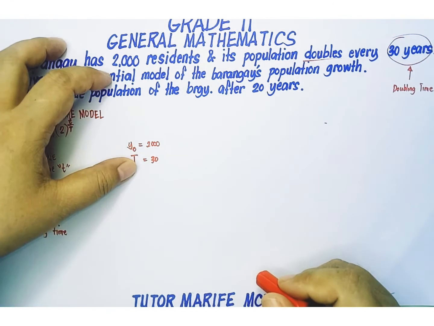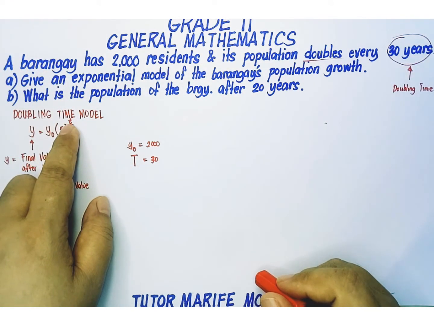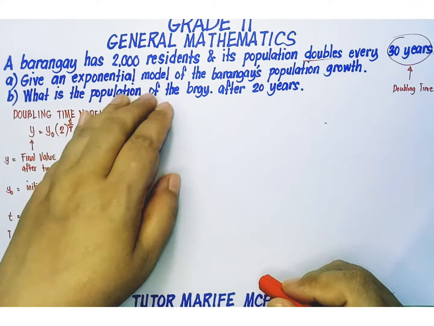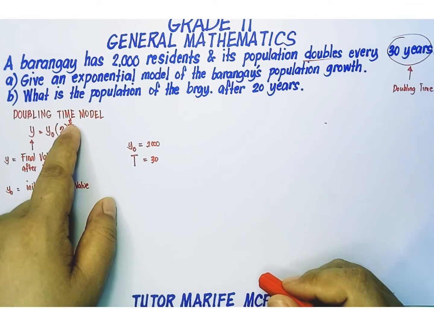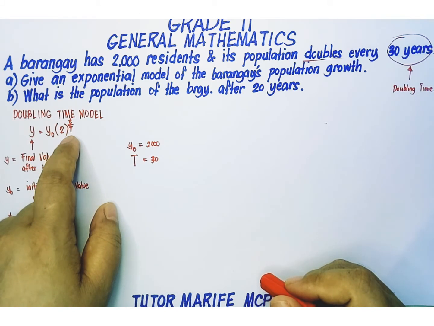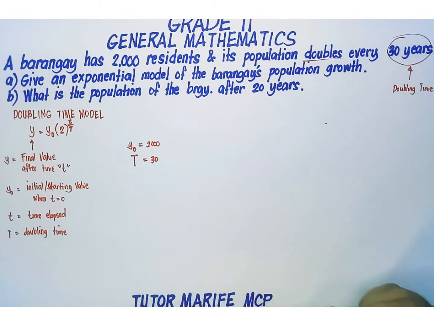Kasi may mga problem na bigla siyang magtatanong ng what's the final value or the final population when t is, ang ibibigay niyang unit for the elapsed time is different from the given time unit of the doubling time. So, kailangan gagawin mo pang consistent ang mga time units pag ganon. May mga ganon. Ititrick ka ng teacher.